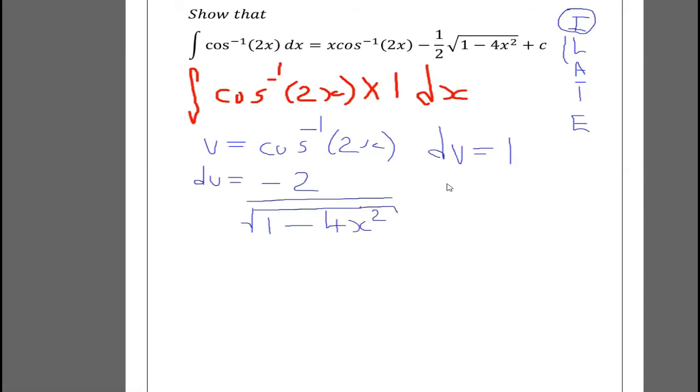And then v is going to be equal to the integral of 1. When you integrate 1, you just get x. Nice and easy.